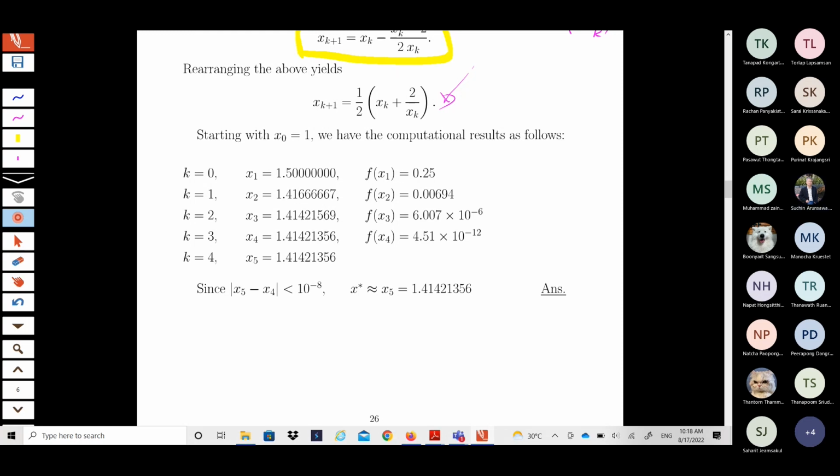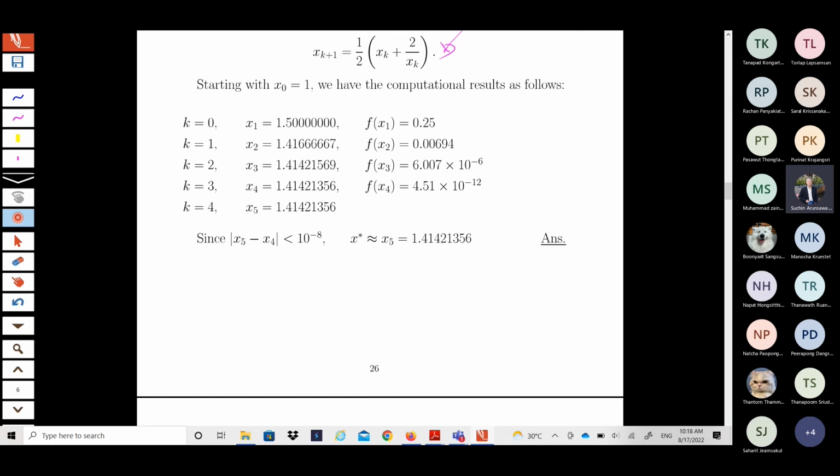Then we do another iteration. Then x2 now is 1.41666666, and you see that f(x2) is reducing to 0.00694, right?